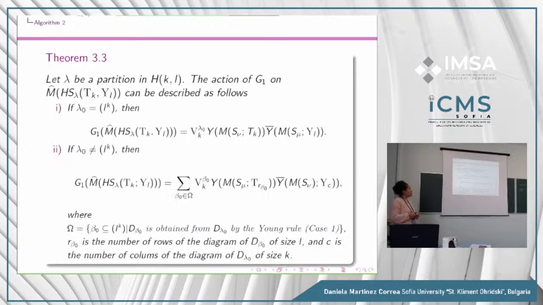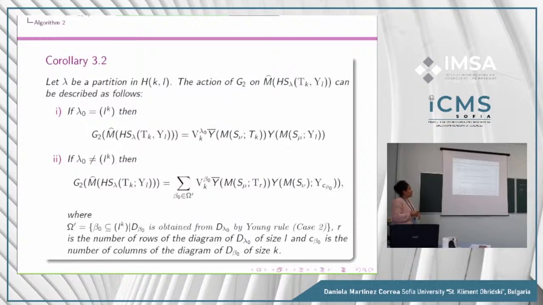We obtain the following results. The first result is the description of the action of the operator G1, which is given by that. And the second result is a similar result, but for the operator G2. This can be proved using induction.